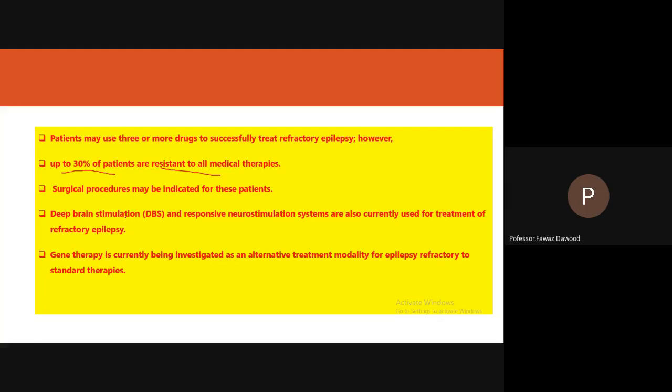They may need deep brain stimulation, and the neurotransmitter systems are jointly used for treatment of refractory epilepsy. Another new type of treatment is gene therapy, and new modalities of treatment.